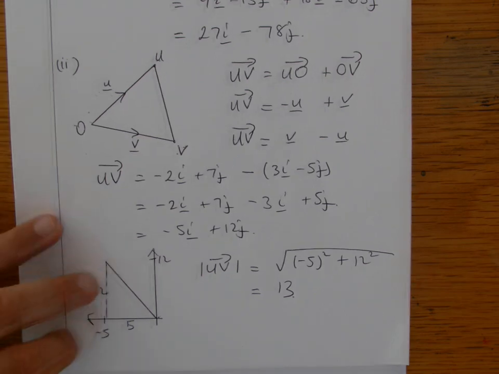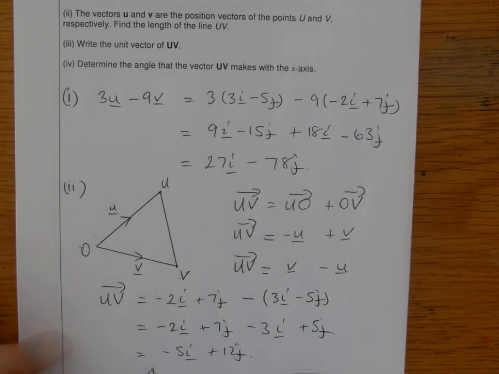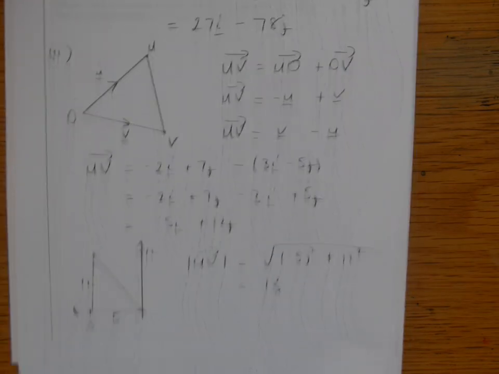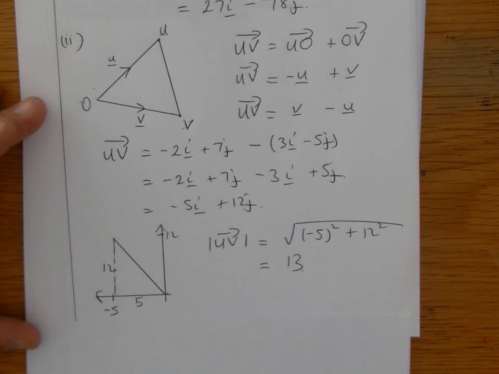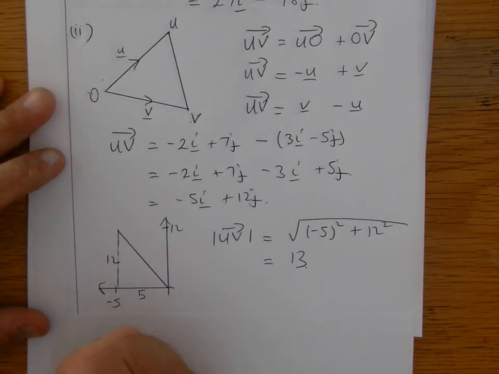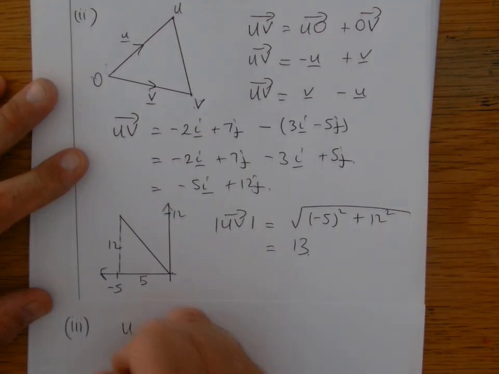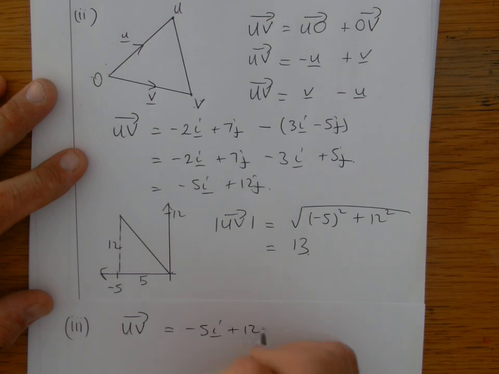Next, part 3 says, write the unit vector of UV. In fact, we're going to have to use our last answer for this. For the unit vector of UV, we need to appreciate what UV is, which is minus 5i plus 12j.